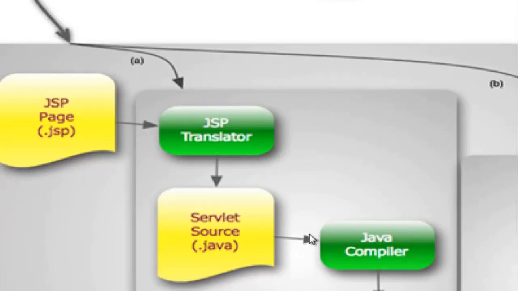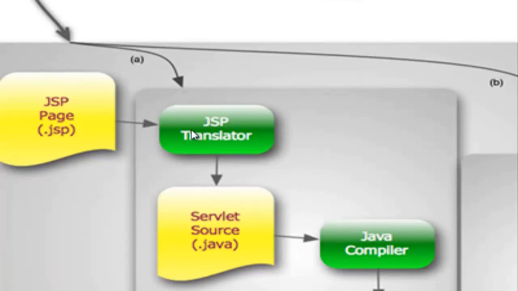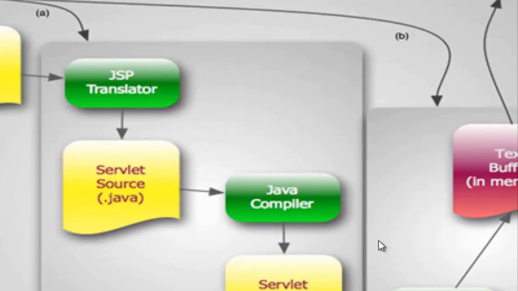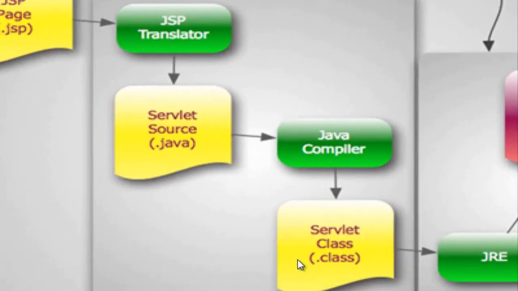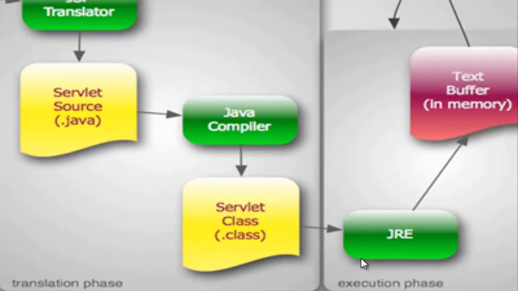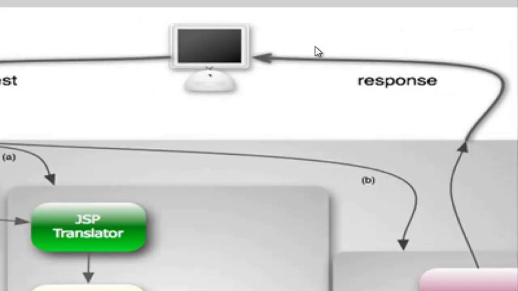So this is for the very first request, when a new page has been created and the first time somebody makes the request. For the second time, if the same page is requested, because it already has that class file, it will not recompile your code again and again. It just takes this Java class, runs it, and gives the output.